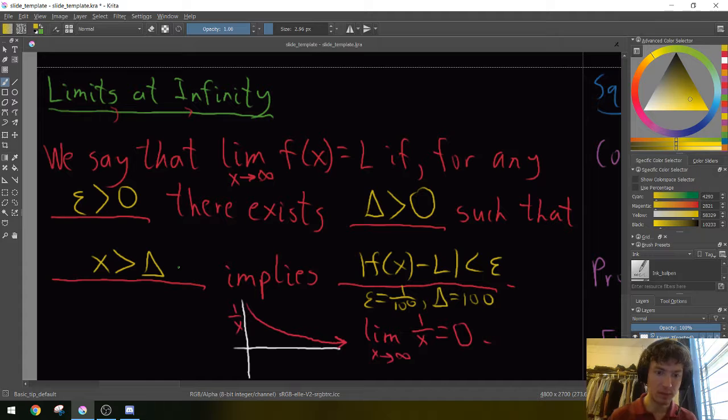Which part of this needs to be modified if we want a function to approach some value at minus infinity?